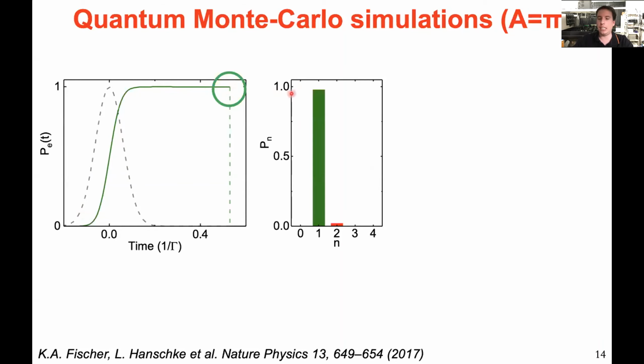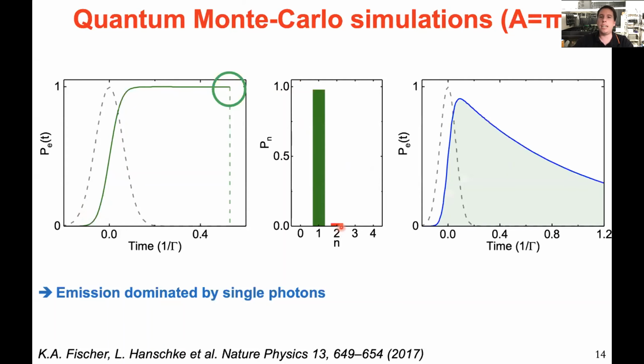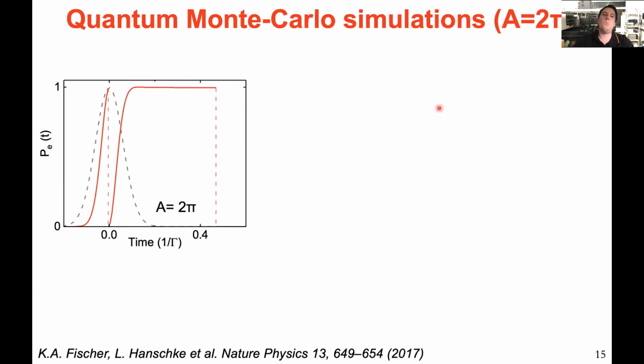If you do statistics, you can see that you predominantly get single photons and occasionally you get two-photon errors. So the emission is dominated by single photons, and the average occupation of the excited state comes from the ensemble average here.